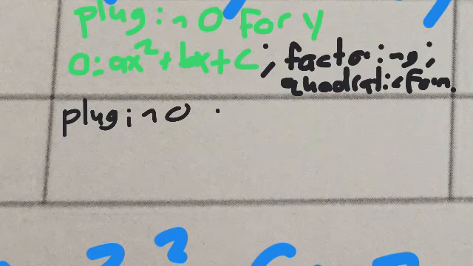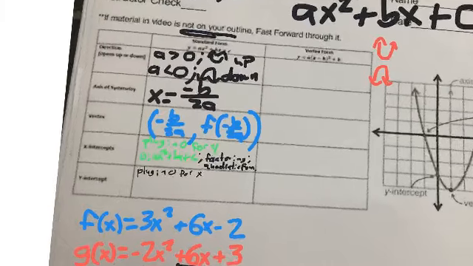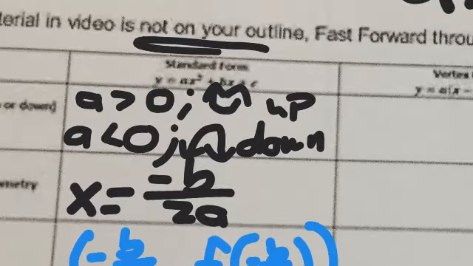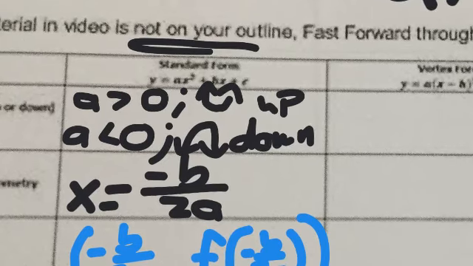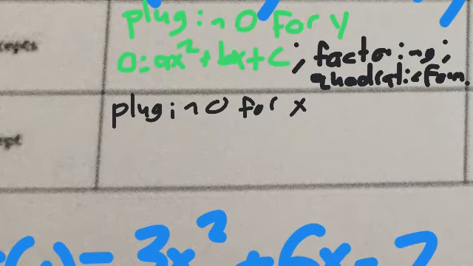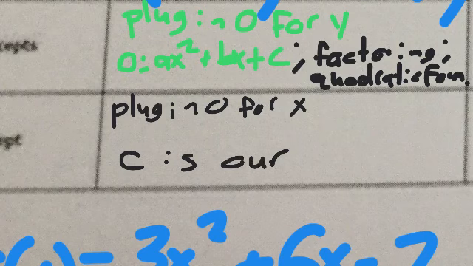That's really easy when it's in standard form. Think what would happen if you plugged in a 0 here and a 0 here. Both of these terms would go to 0 and you would only be left with the c. So when you plug in 0 for x, then c is our y-intercept.